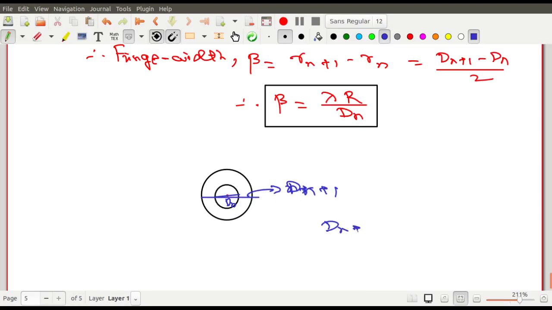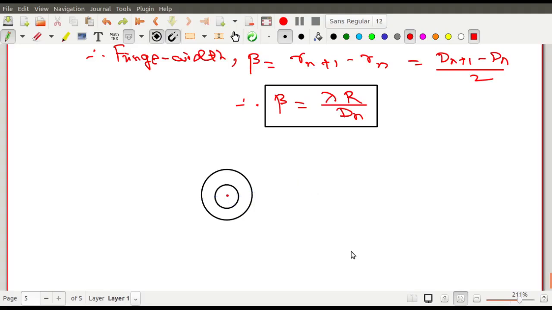So this Dn plus 1 minus Dn is not the fringe width, because it gives two separations, this one and also this one. But fringe width is only one-sided separation. One-sided separation is defined as the fringe width. So that's why you divide it by 2. That's the simple idea over here.